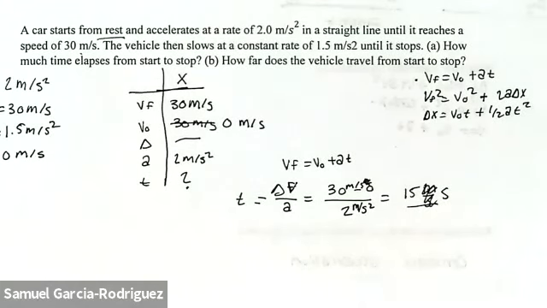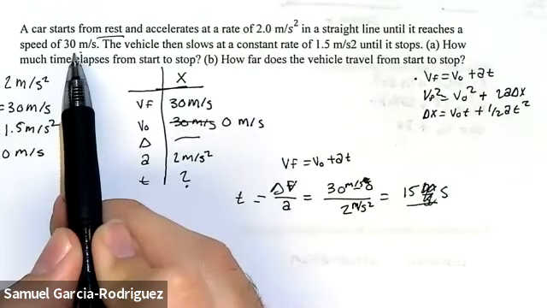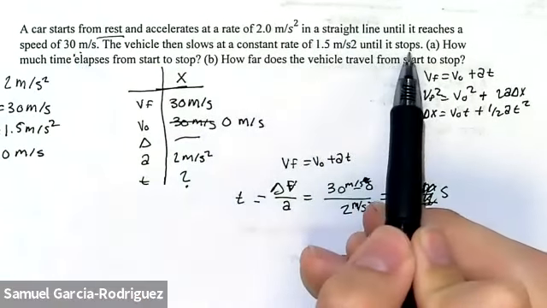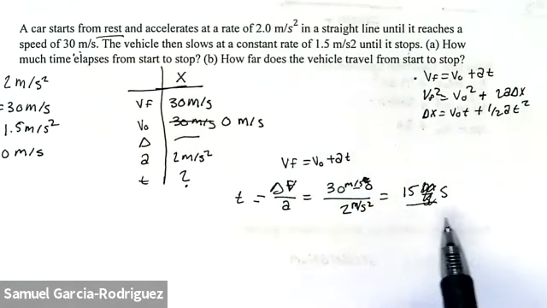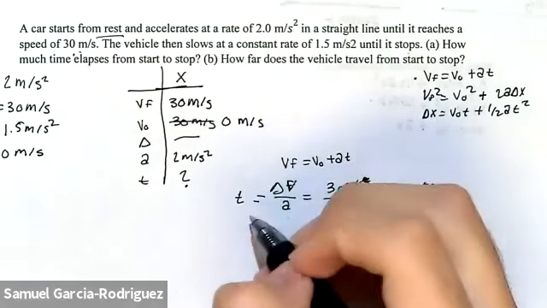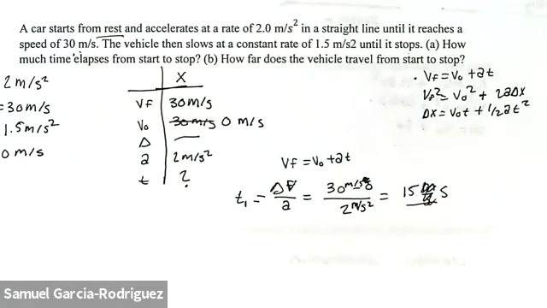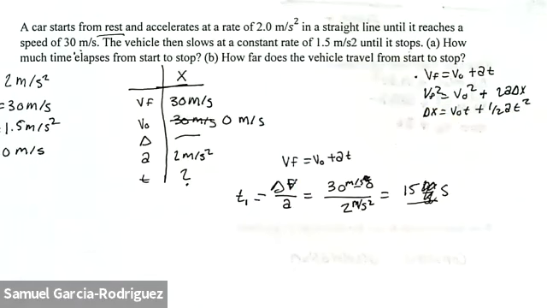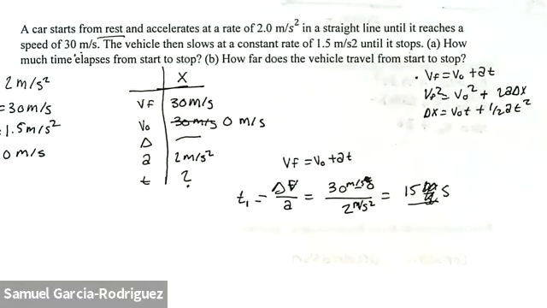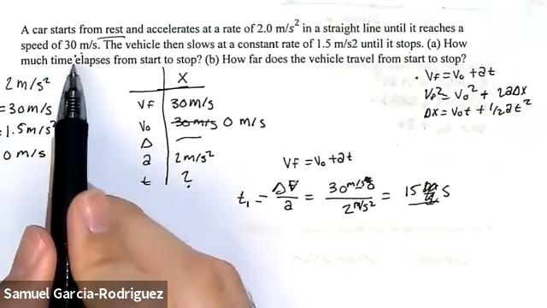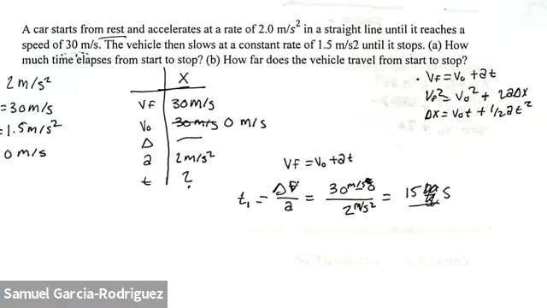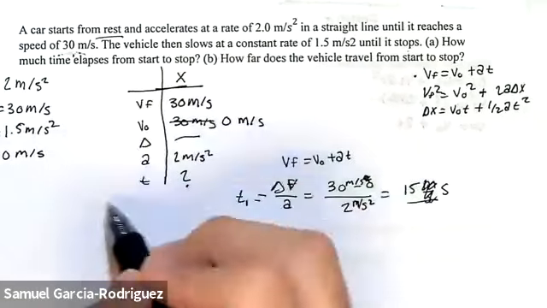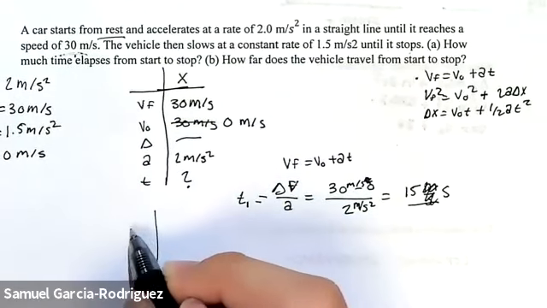We want to know how long it took to both reach 30 meters per second and then decelerate to stop. So this is really only half of the question. You could write down just t1, and say that's how long it took to reach 30 meters per second. So this is half of it. So let's set up the second half.